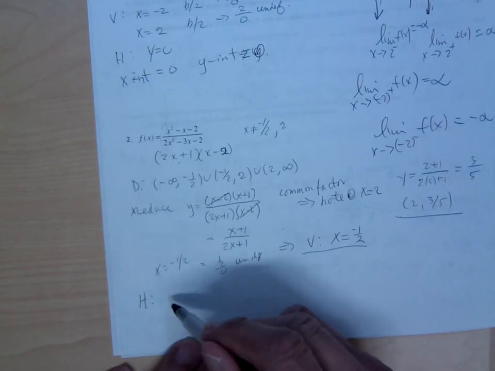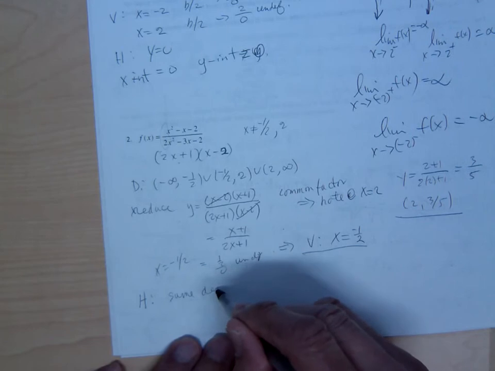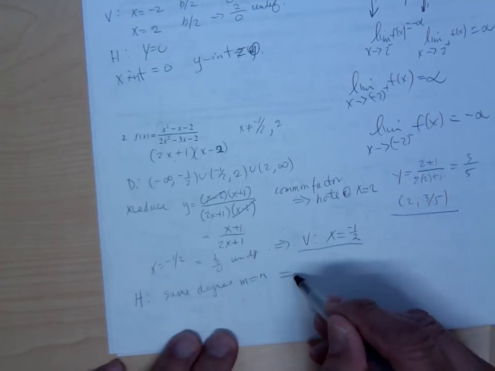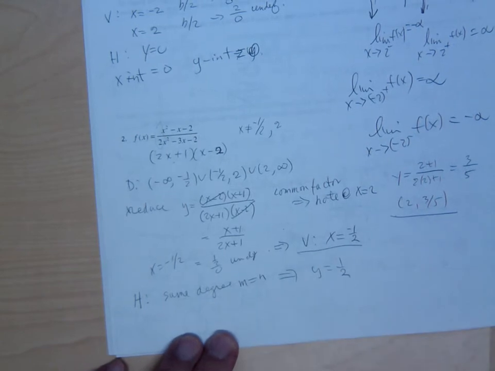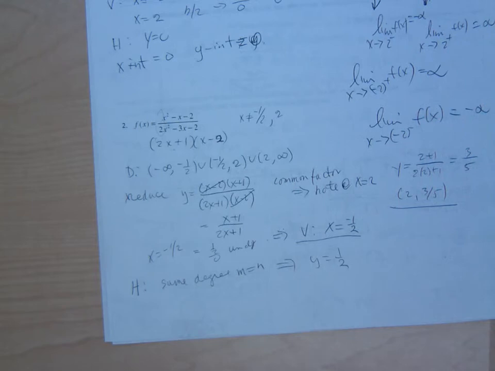Same degree means m equals n. So this implies y equals 1/2, the coefficient of the highest degree. So we covered the hole, the vertical asymptote line and the horizontal. And there's no oblique, because once you have a horizontal, you cannot have oblique. Right? Okay.